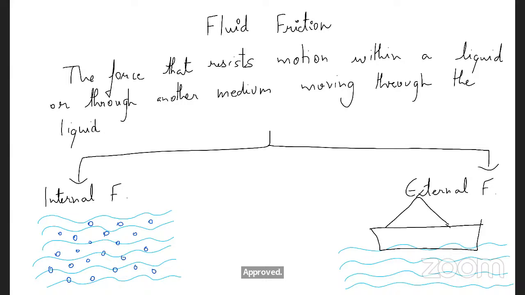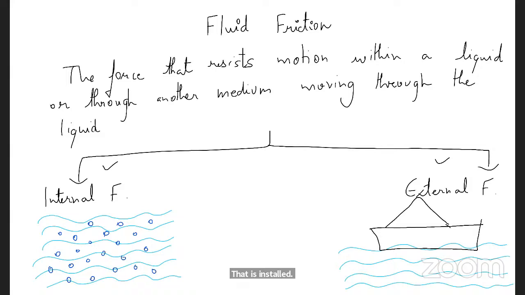Now, the interaction of water is taking place with another body, an outside body, can be a boat or a ship, or even a swimmer, a person who is swimming. That interaction is basically external friction.